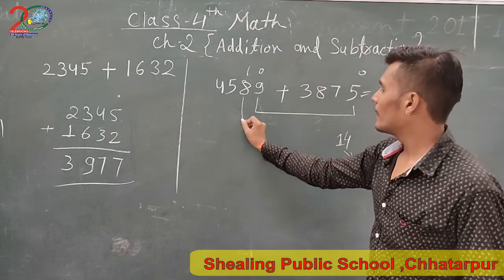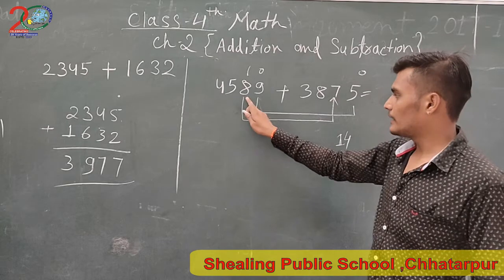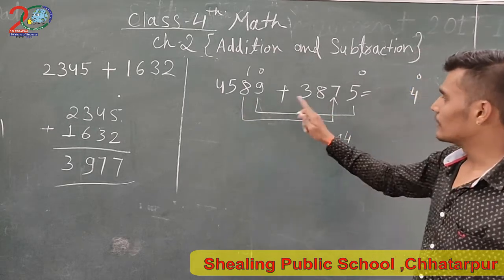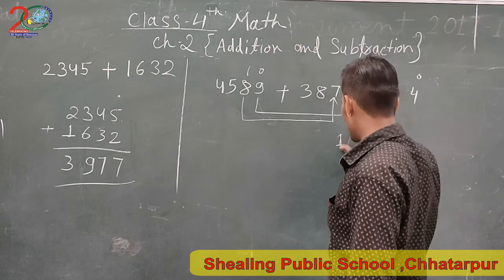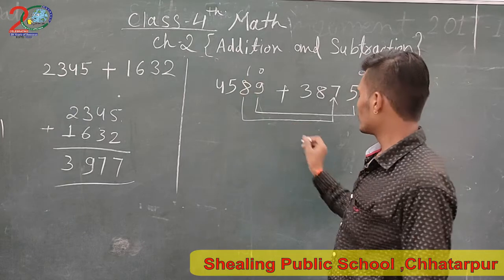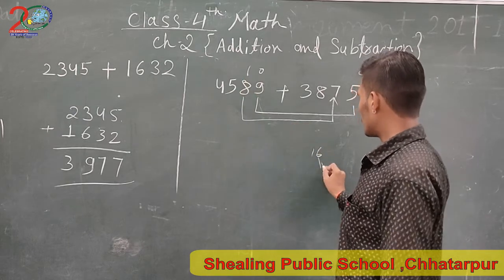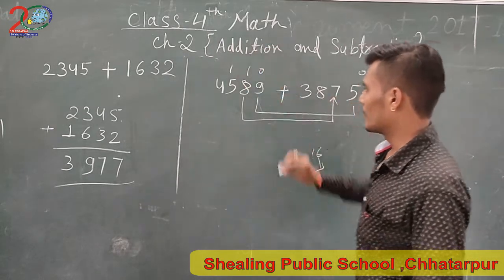Now we add tens value to tens value. So here is 8 and here is 7. So 8 and 7, how much? 15. Okay, 15 and 1 carry. So we take here 16. So 6 right here and 1 goes to carry.